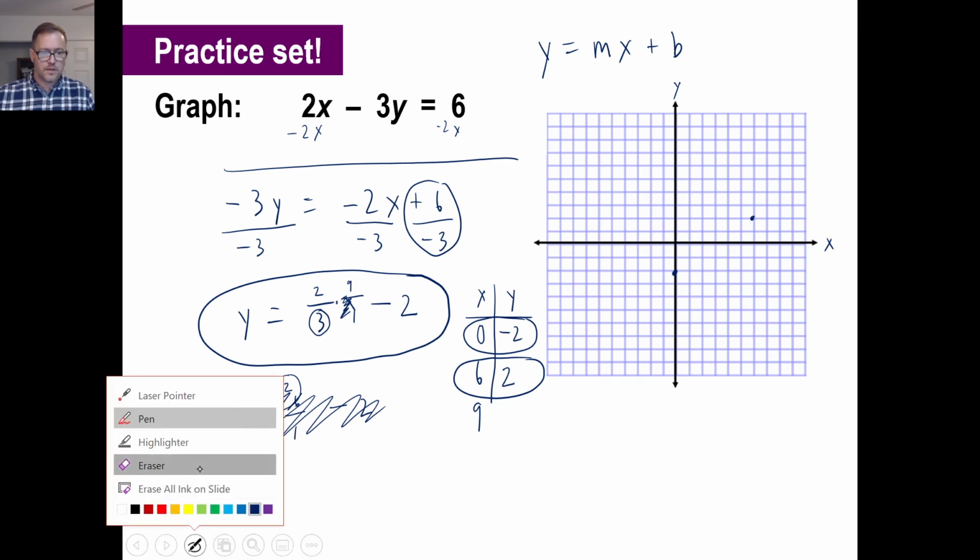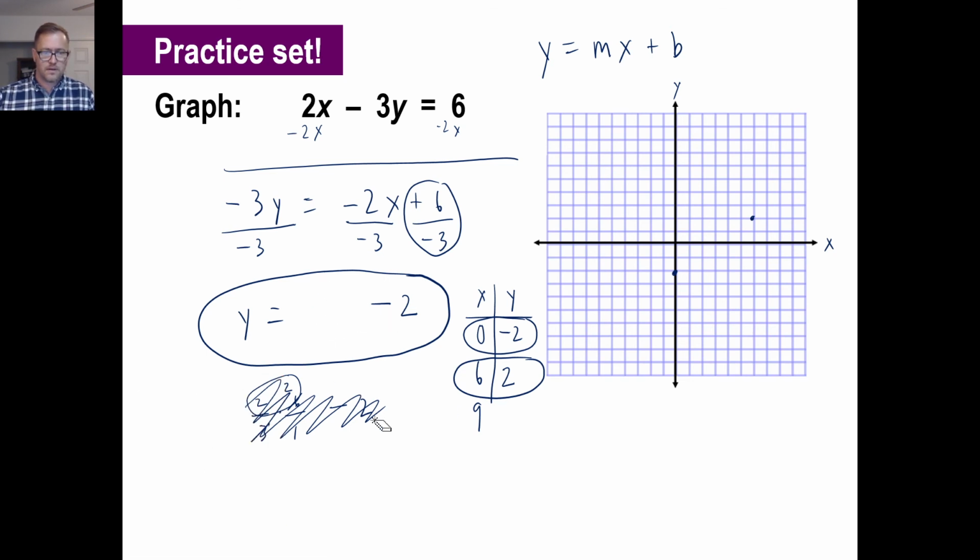Here's my equation. I think I goofed a tiny bit. Bear with me one second here. So y is 2/3 x minus 2. If I had 6 kids, yeah, I guess that's right. We were right. That's going to be a 6 and a 2.